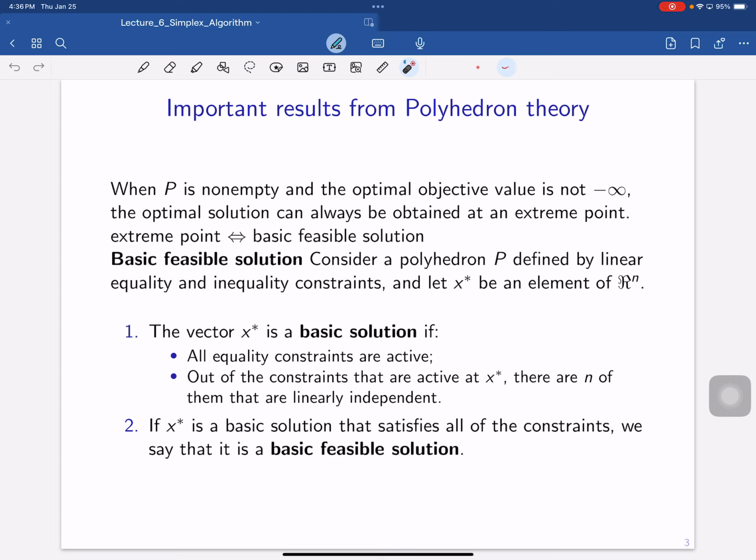So n linearly independent equality constraints uniquely define a point. The solution is unique for n linearly independent equalities. And if beyond that x star also satisfies all of the constraints, then it is called a basic feasible solution, right? Just to remind you what we covered in the previous lecture.